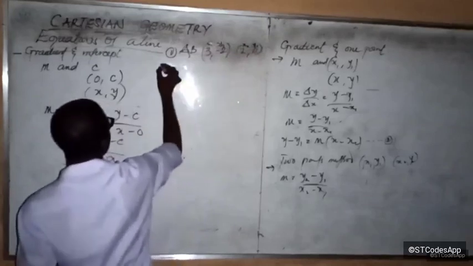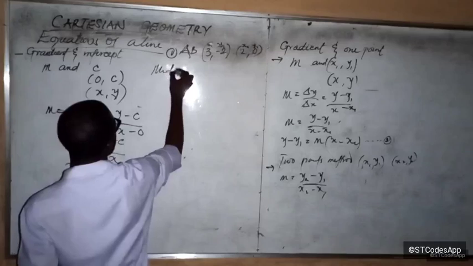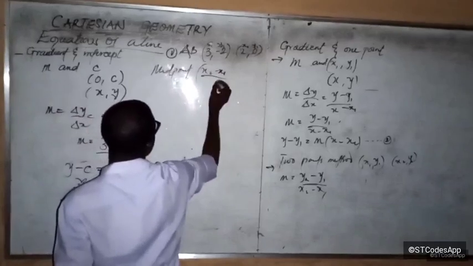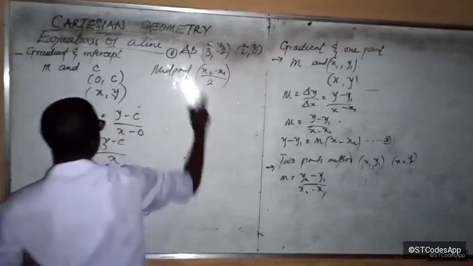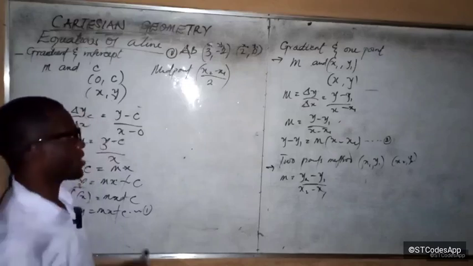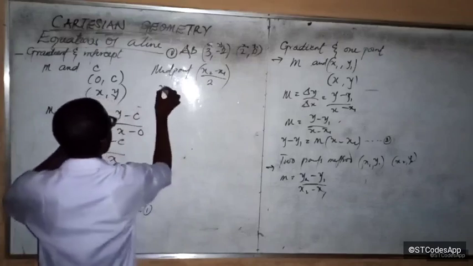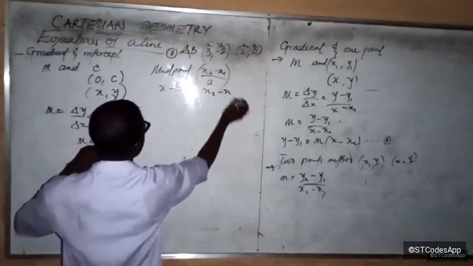So remember that the midpoint is given by x2 plus x1 over 2. Now this is why I said you shouldn't cram formulas, just remember what you did there. What we did was we compared 2 points on the line, which was that x minus x1 was equal to x2 minus x, isn't it?